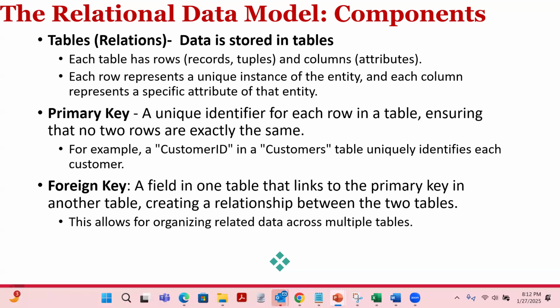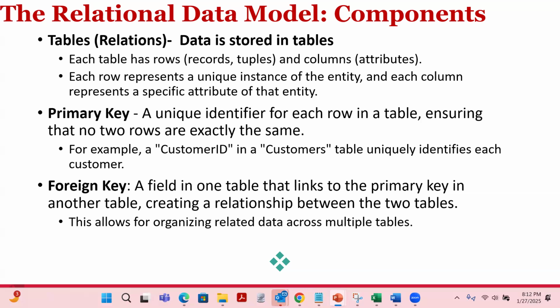Okay. Now, in addition to tables, it's very important to understand the concept of keys. There are two types of keys. There are many more, but these are the two most important types of keys in the relational data model. It's a primary key, which represents a unique identifier of each row in a table.